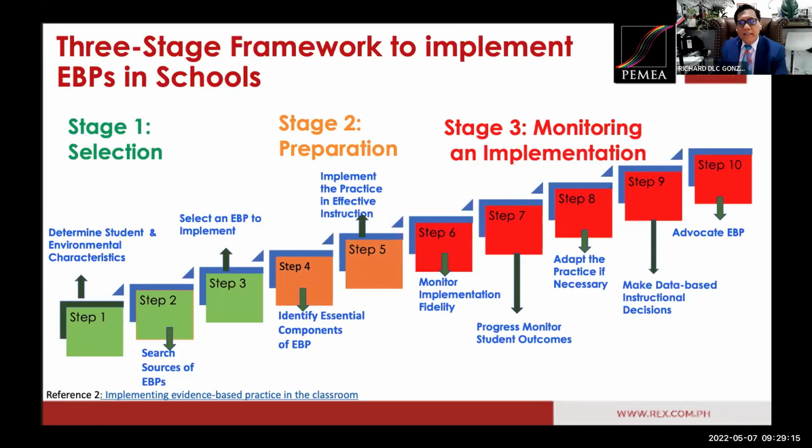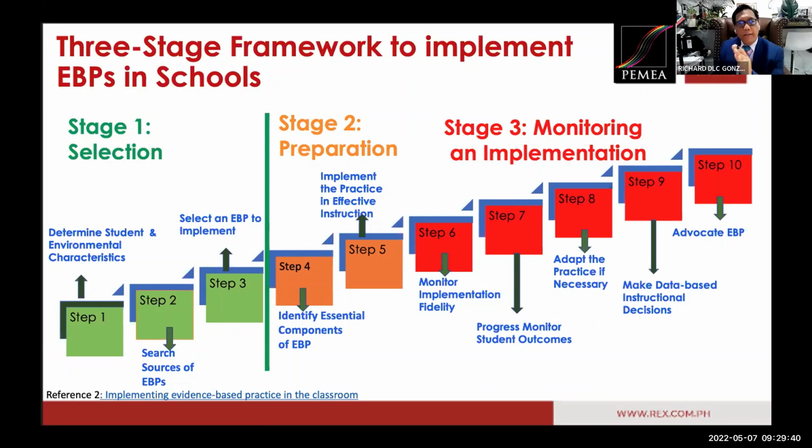So to make it simpler. So steps 1 to 3, the green one, I'm using the traffic lights here, okay, not for any other reasons. But steps 1 to 3 put together stage 1, and I call it the selection stage. Okay, right. So that's the first stage.